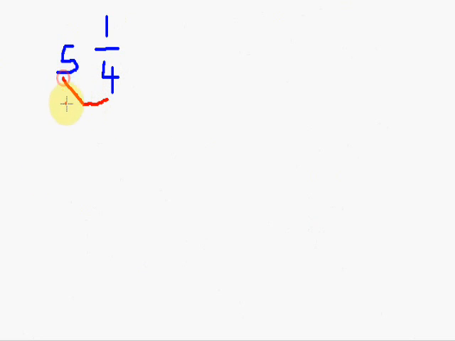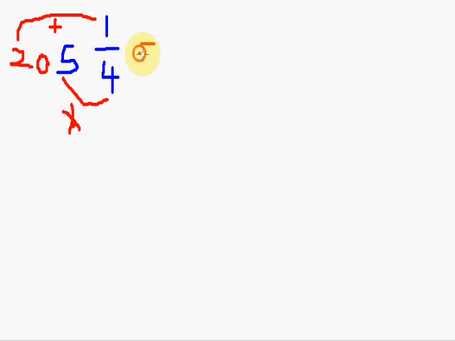Okay, what you do is you simply multiply the whole number by the denominator, and we know 5 4s are 20. And then after that, we add the numerator. So 20 plus 1 is 21. So our answer is 21 on 4.